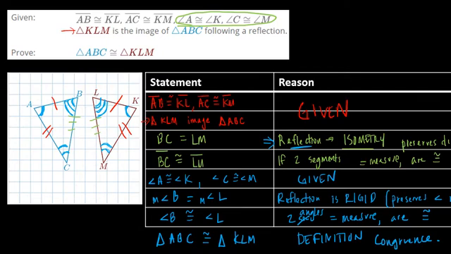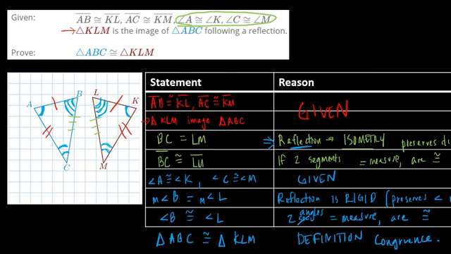So quick recap, once again we began by establishing our given information, and then we called on definitions to help move us along. So I knew because of my reflection, I know reflections are isometries, and that allowed me to establish that my two segments were of equal measure and were congruent.